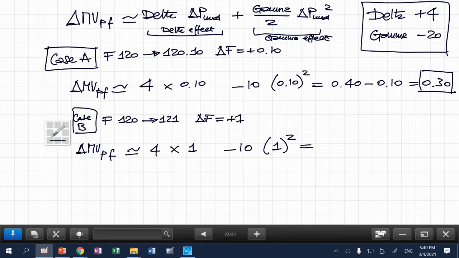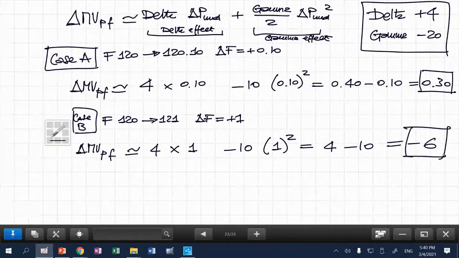Despite the growing complexity of mathematics implied in this case as opposed to the previous one, we probably tend to agree that here I'm going to have a strong negative effect, okay? Because the very high gamma combined with a sufficiently non-negligible change in P implies it's much more what I lose on gamma than what I make on delta.